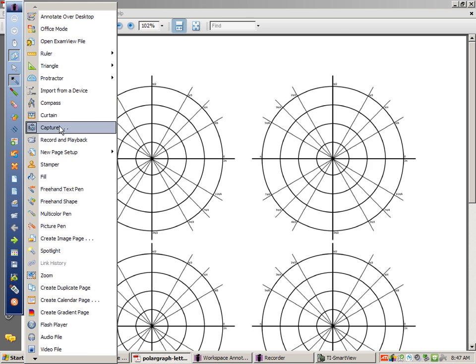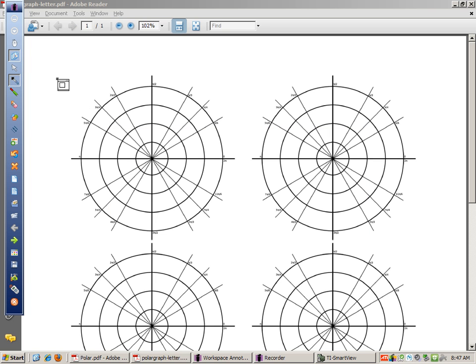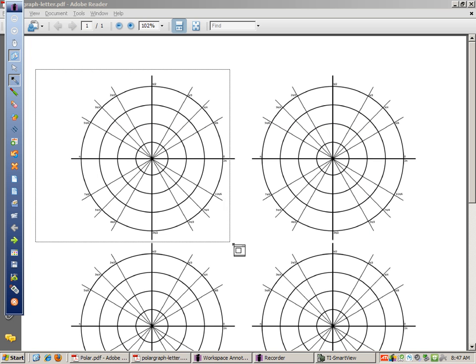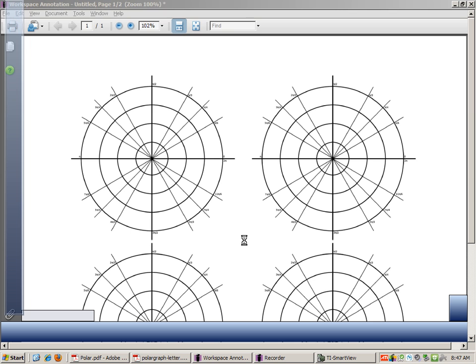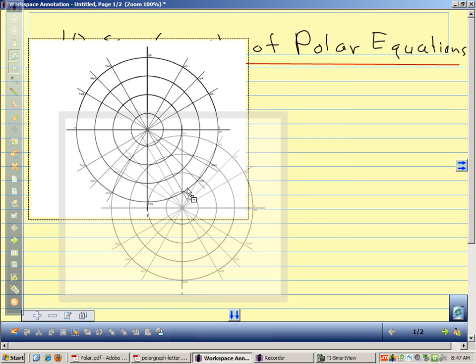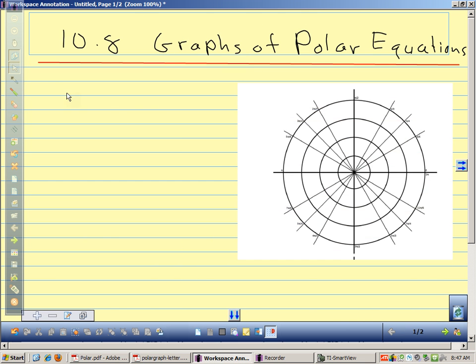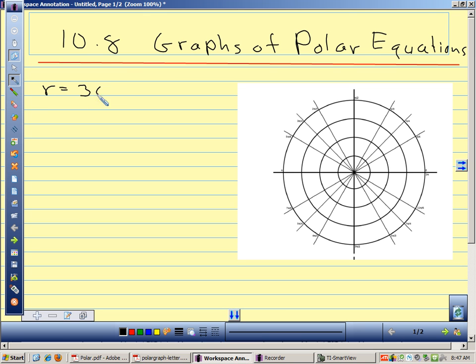So let me grab this, and we're going to plot an equation. The example we're going to do is we want to plot r equals 3 cosine theta. To do it by hand is not really difficult.